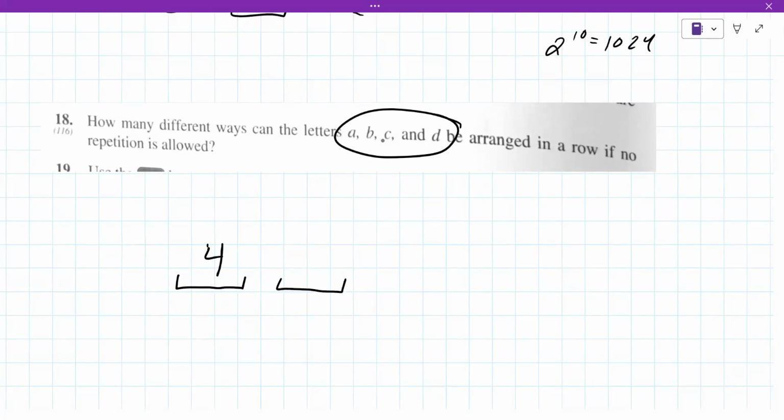You don't know which one you've taken away, but there's one you've taken away. So now there's 3 left over. Then there's 2 left over. Then there's 1. This is factorial, 4 factorial, 4 times 3 times 2 times 1. It grows also very, very quickly. So if you ever wonder how many ways can I arrange books on the shelf or sit 4 people around a table, there's a lot of ways.